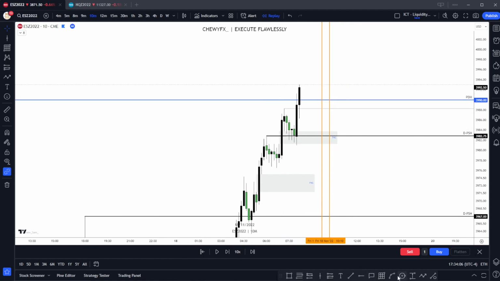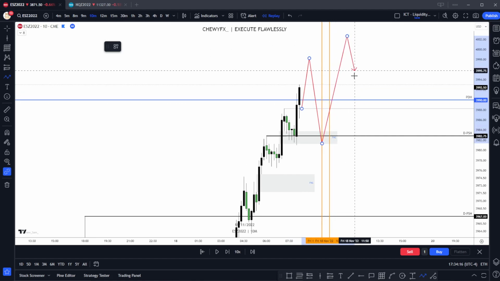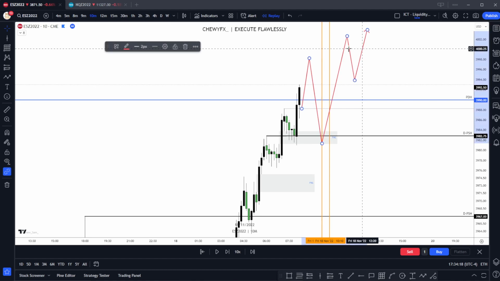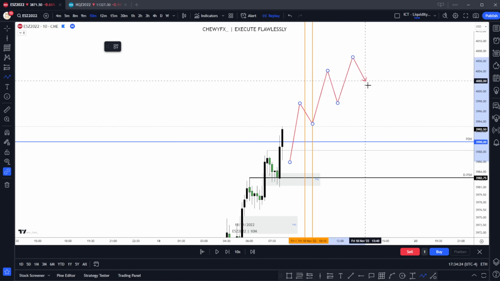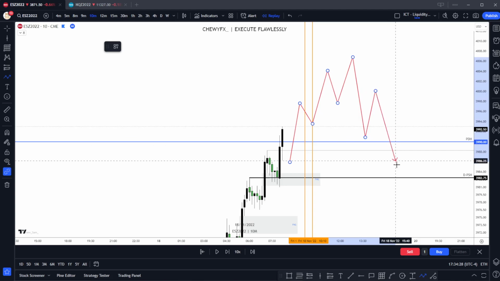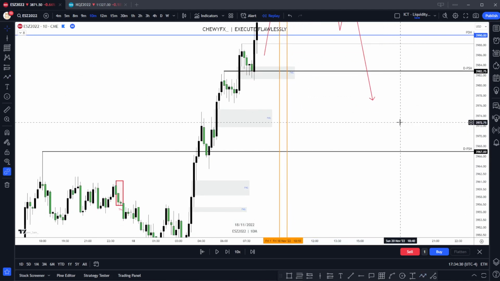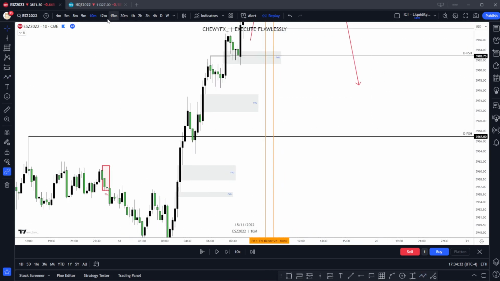So what we want to happen here, if we look for EM3, is the market can go up a little bit, return to this discount array, and then have a break of structure that we can buy again. Or the market could simply just keep going up. We wait for that 10-minute break of structure, take a 5-minute order block entry, and then trade towards the previous session low, which is all the way down here.